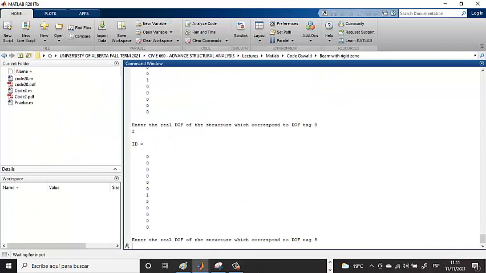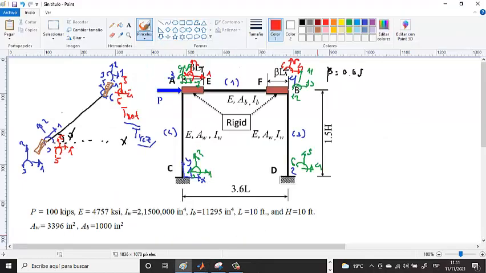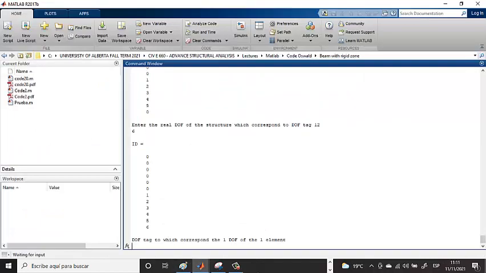And the 8, and then the 9 to the 3, and the 10 to the 4, 5, and 6. So we already input the real degrees of freedom of the structure, and the code asks for the degree of freedom tag which corresponds to the first degree of freedom of the first element.